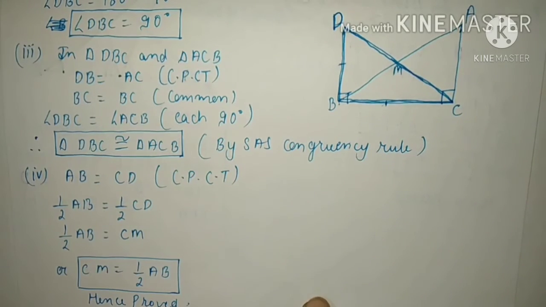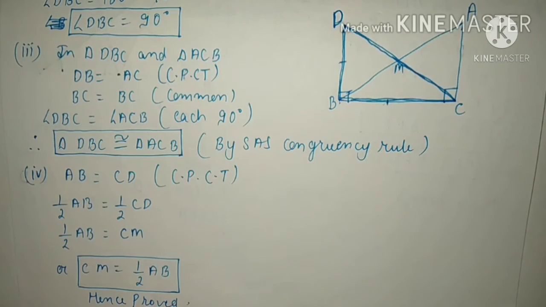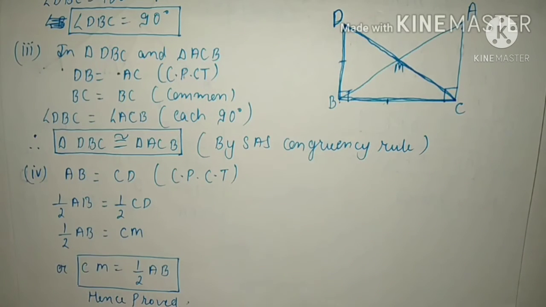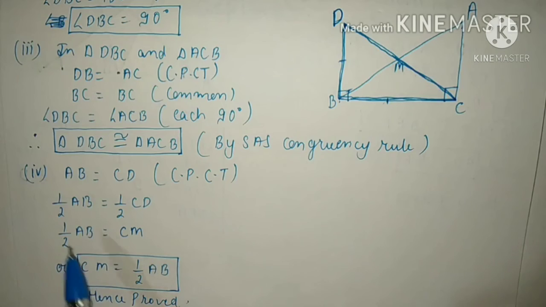So we can write AB is equal to CD by CPCT, that is corresponding parts of congruent triangles. Now what we will do, we will multiply half on both sides. So 1 by 2 of AB will be equal to 1 by 2 of CD. Now write 1 by 2 AB as it is, because in conclusion we need 1 by 2 AB.